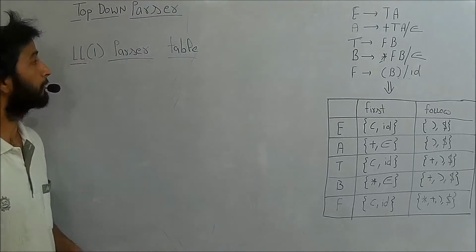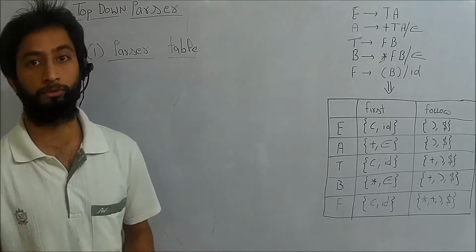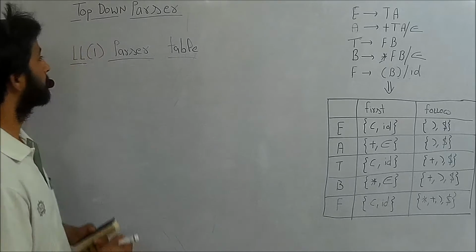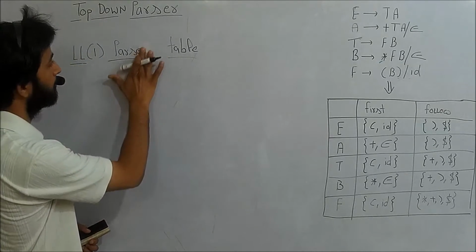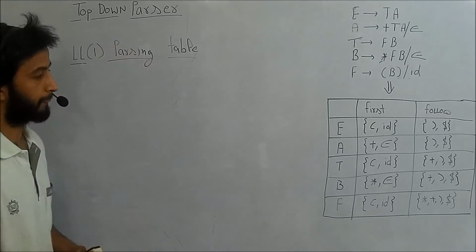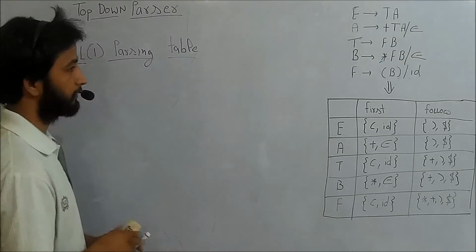As we know, in a top-down parser we have to make a choice of what to use. That choice is made with the help of the LL1 parsing table. So let us draw that parsing table.